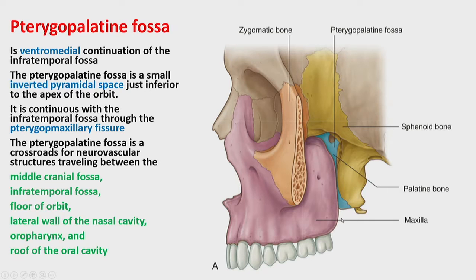This fossa looks like an inverted pyramid. So the apex is down and the base is up. So the base is going up there to the roof of the pterygopalatine, and the apex, as you see, is becoming narrow through the canal. Which canal is here?